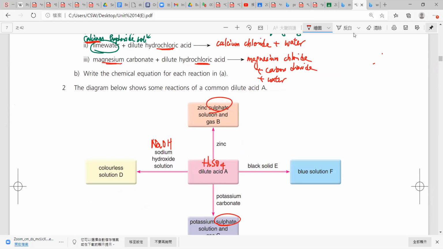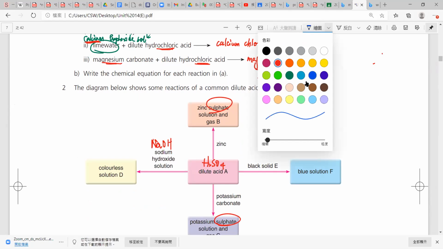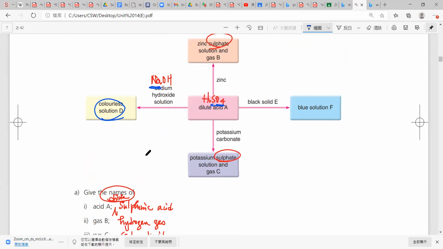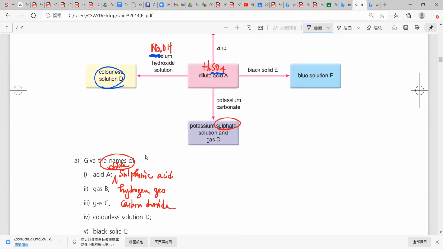You can solve the whole question very easily. It's simply done by underlining this, right? Sodium and sulfate. Of course, it's sodium sulfate. Can you get the point? So the colorless solution is sodium sulfate solution.